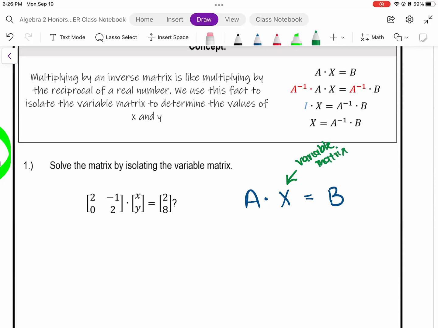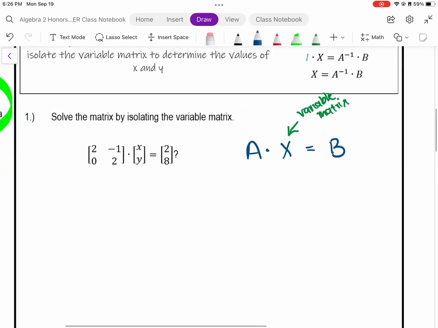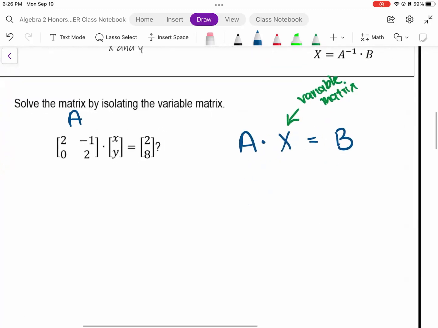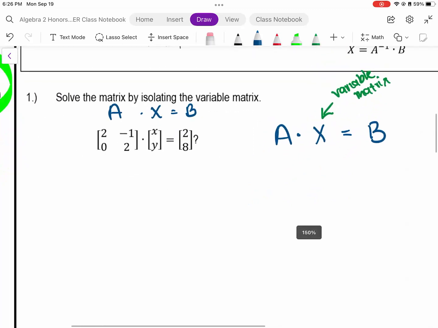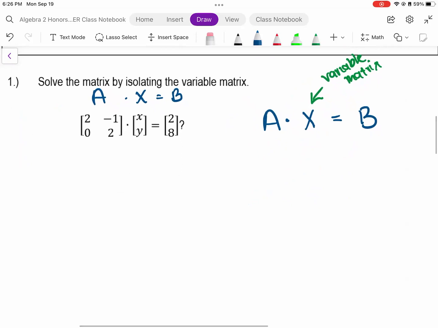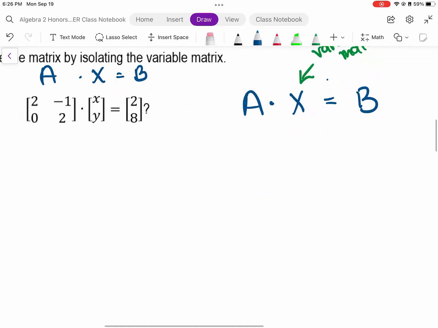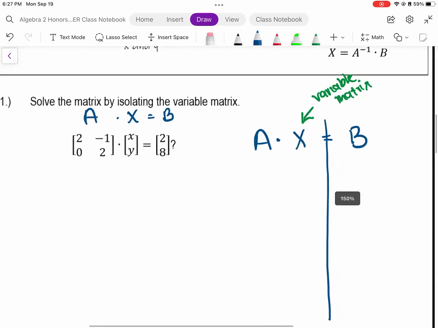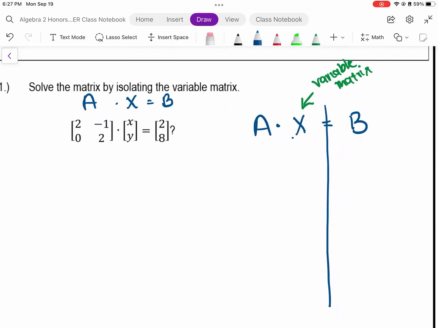If we compare it to the matrix right to the side of that problem, we can see that this represents A, this represents X, and this represents B. So how would we solve this problem algebraically? Let's look at the right side first. If I'm solving for X, the first thing I'm going to try to do is get rid of A.